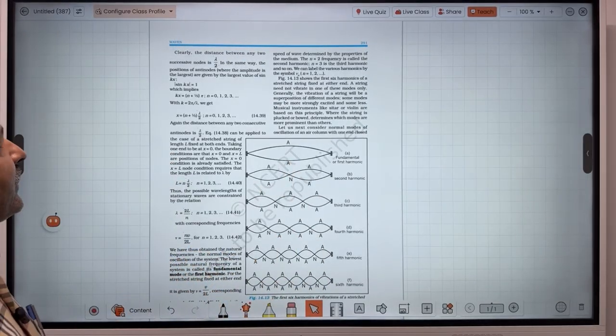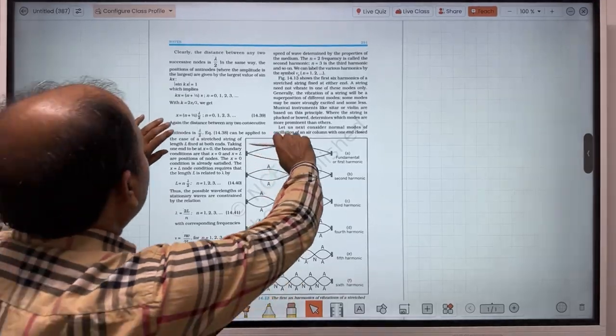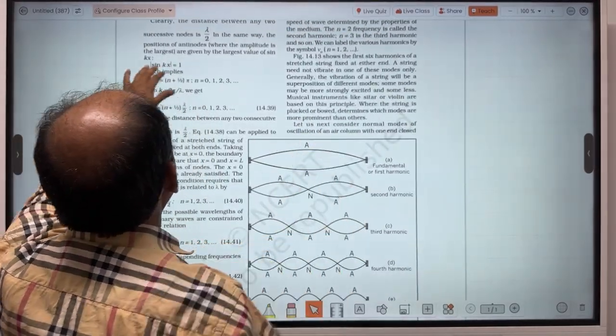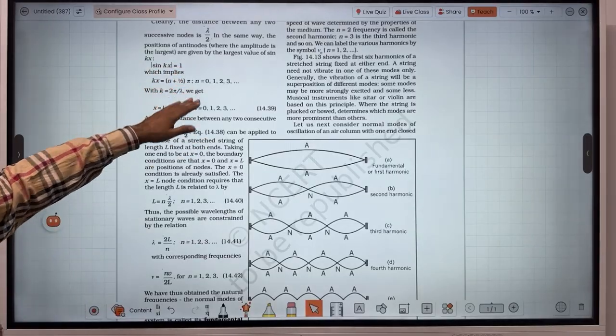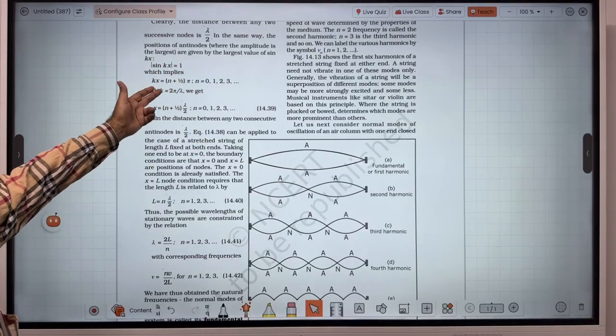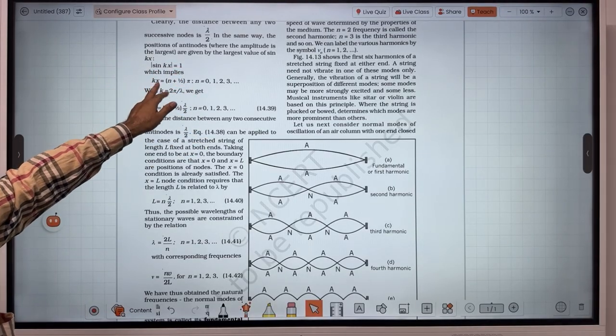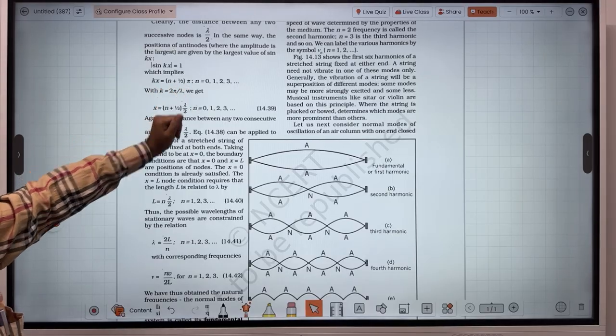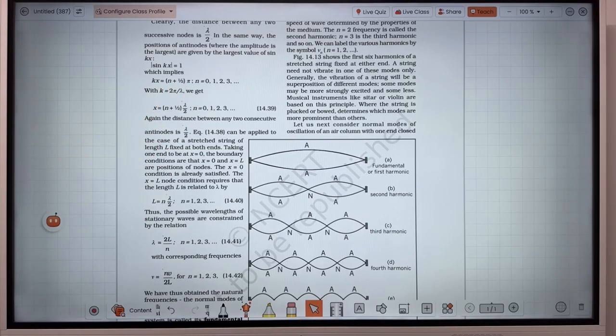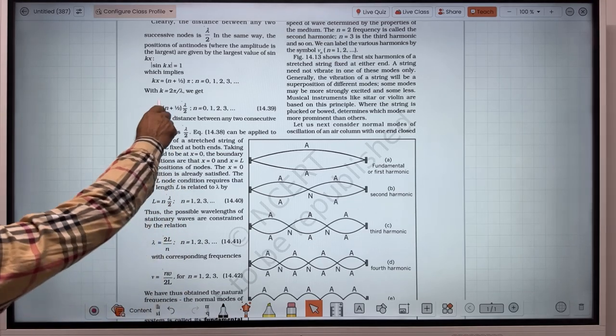Now, to get the position of antinodes, what do we do? We write it as maximum. So the modulus of sin kx becomes 1. So what are the possible values of kx then? kx must be equal to (n plus half) pi, where n can have any integral value like 0, 1, 2, 3.